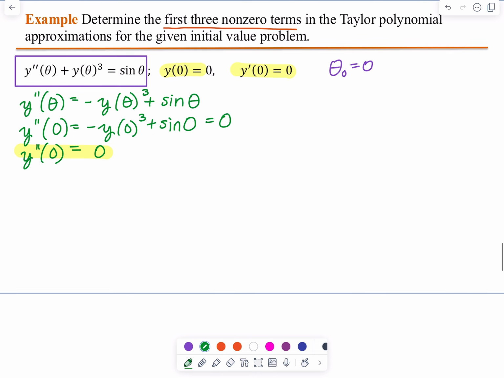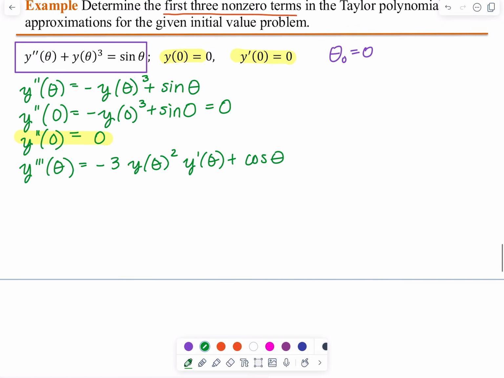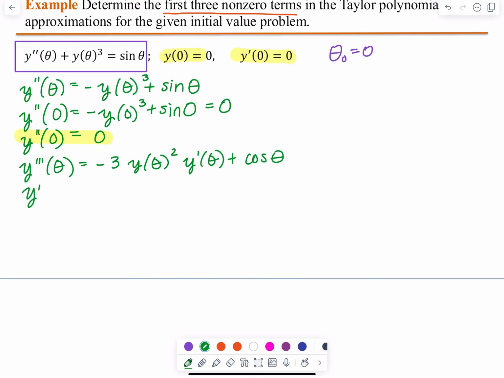So we have y triple prime of theta is going to be equal to negative 3y of theta squared multiplied by y prime of theta plus the cosine of theta. And we can evaluate y triple prime at 0, and you can see that we have negative 3 multiplied by 0 and 0 plus the cosine of 0, and we come up with 1.